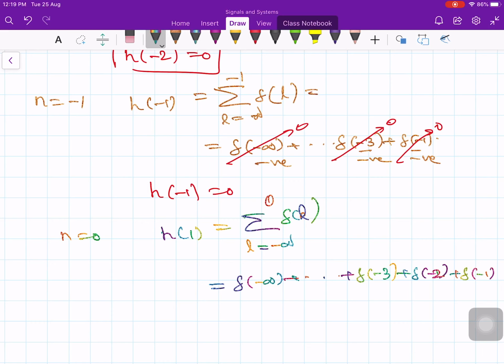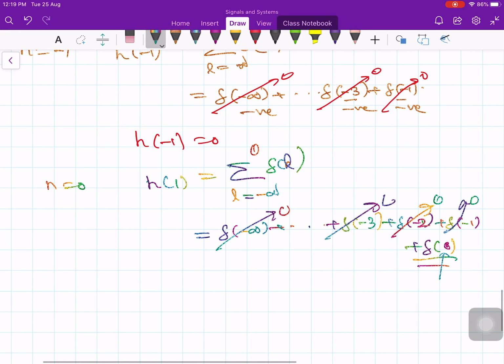Now, this term is 0, this term is 0, this term also 0 and this term also 0 except this last term. Why? Because the argument is 0. Therefore, it gives the non-zero value and that non-zero value is 1. So therefore, h of 0 is equal to 1.